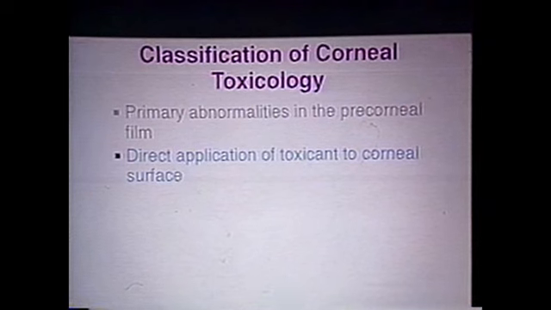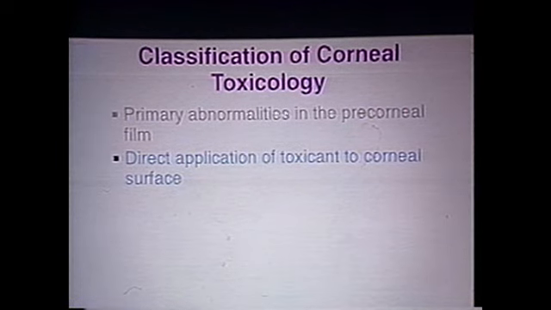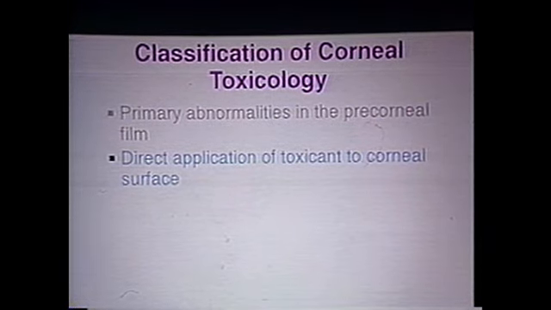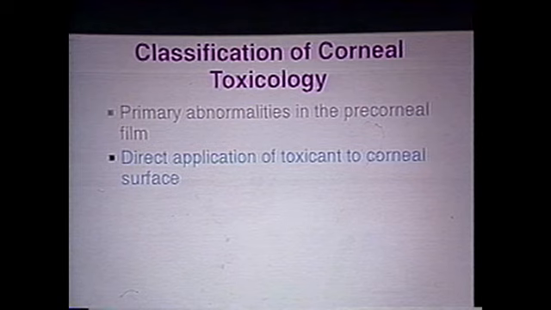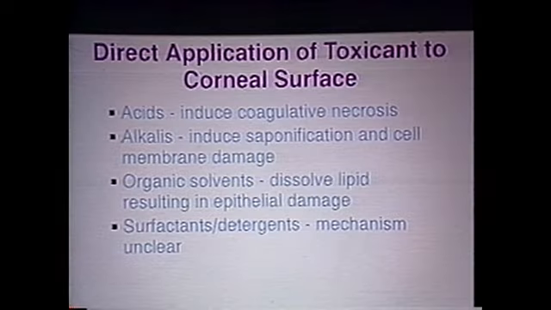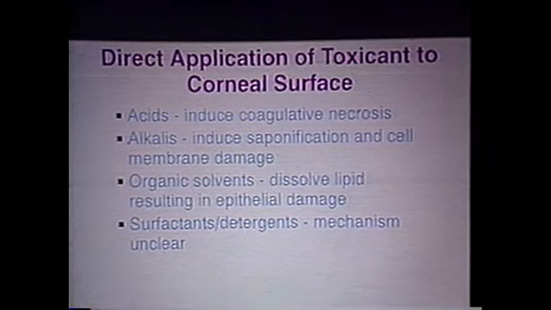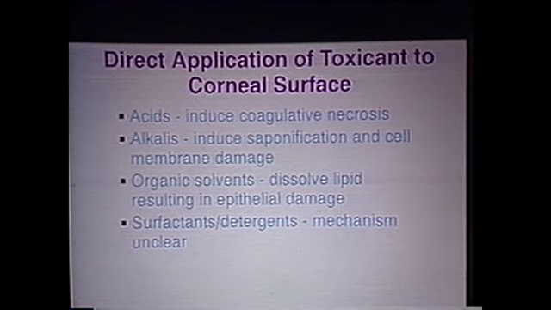The next type of change which can occur as a result of toxicity is as a result of direct application of toxicant to the corneal surface. And the substances which are usually described in the literature are acids, alkalis, surfactants and organic solvents which can produce this change.